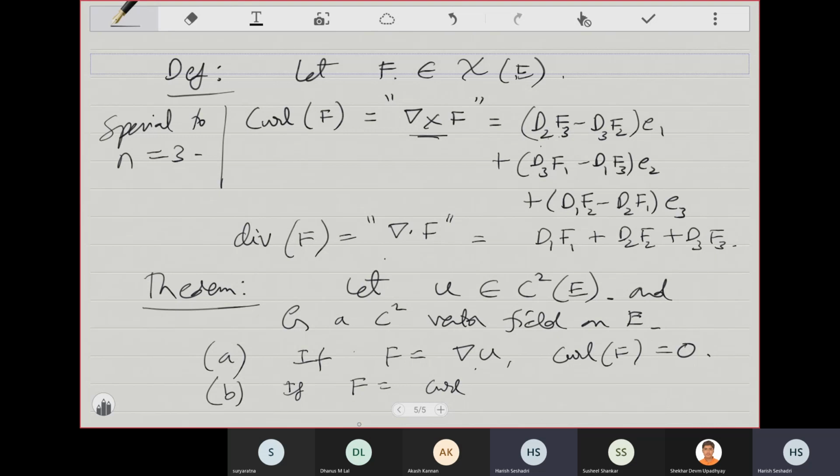Actually this notation is a bit messed up. Right from here F is being used for a vector field, and that's what we had been using all along. So if F is equal to the curl of some other vector field G, then the divergence of F is 0.